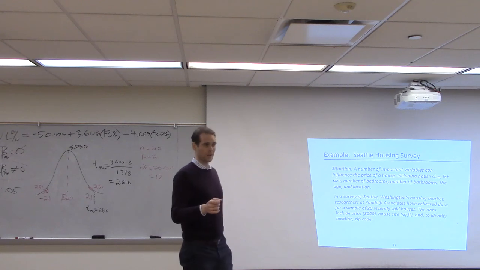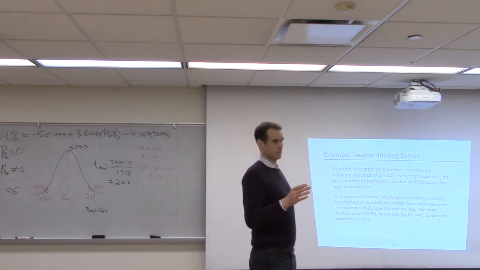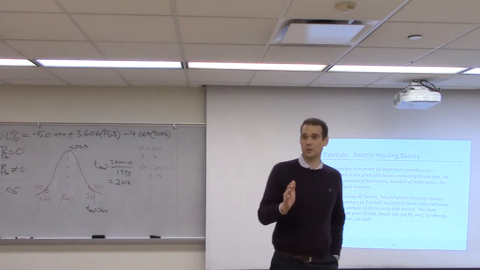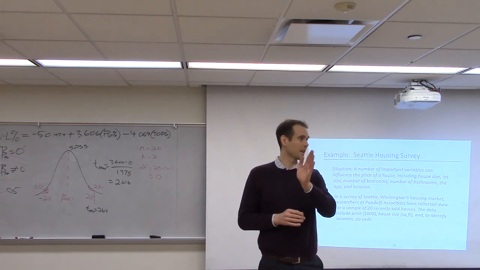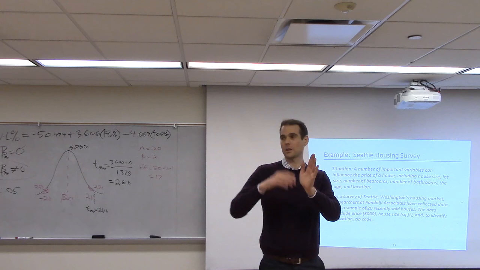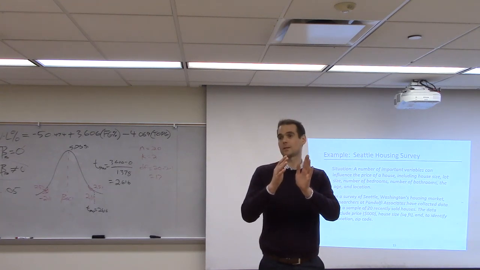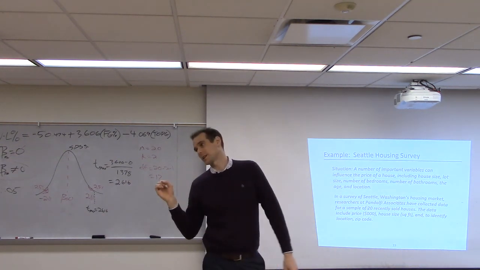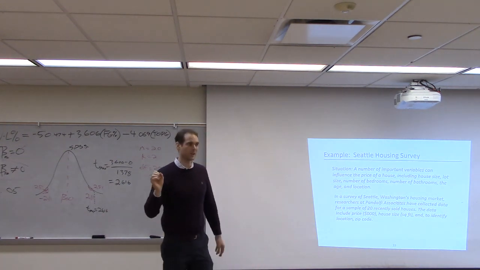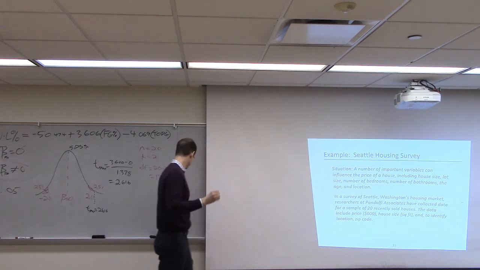The other variable is location, and we're going to have two locations. For the first, is this house in location 1? Yes or no? If it is, we put a 1 in that coefficient; if it isn't, we put a 0. Then location 2: is this house in location 2? Yes or no?